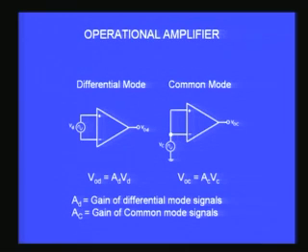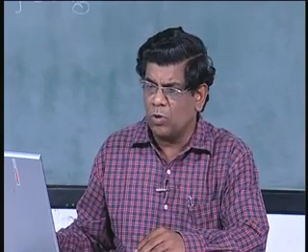Now in any differential amplifier, this parameter becomes an important one. Before we go into the actual definition of CMRR, it will be good to know how a differential amplifier can be considered in two different modes corresponding to differential mode and common mode.